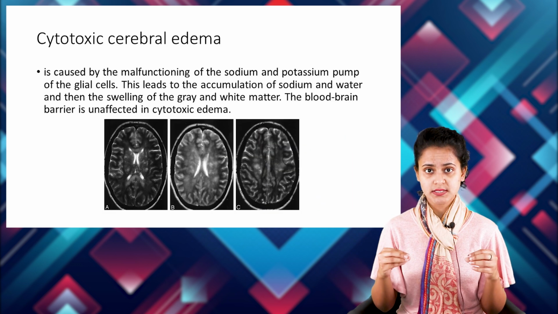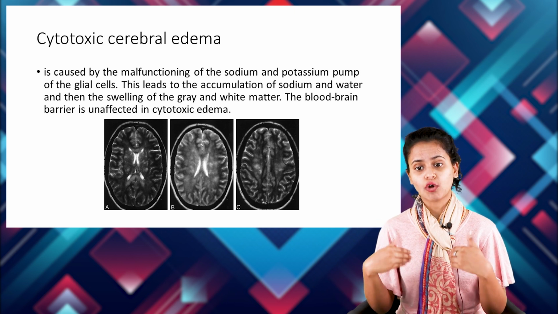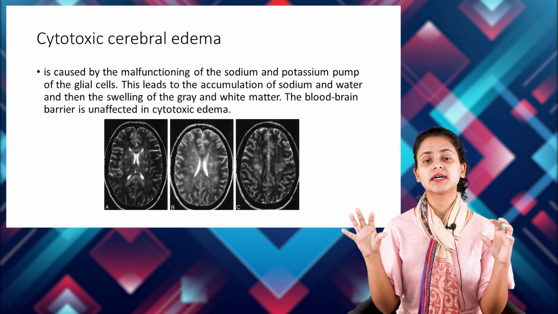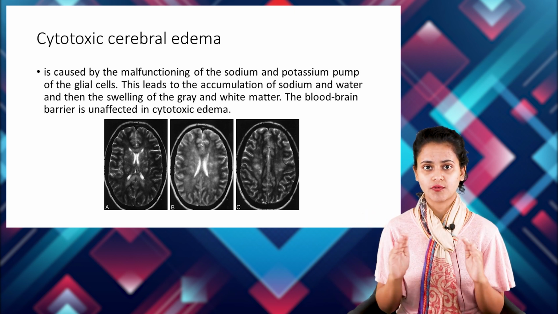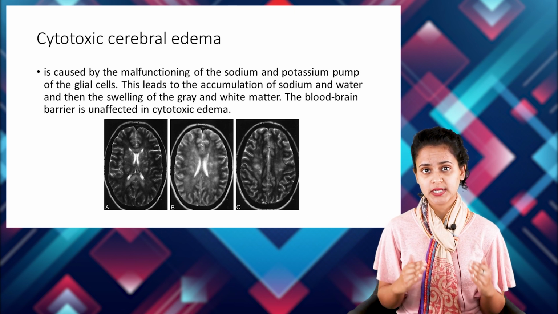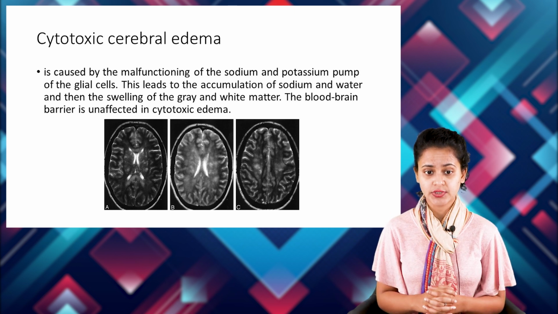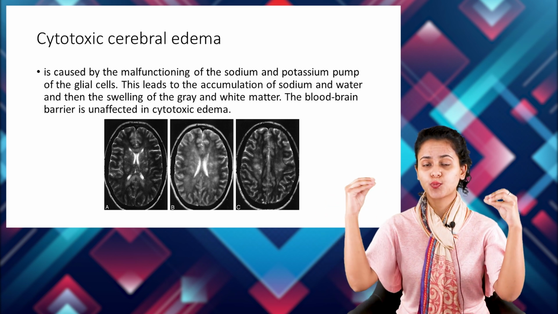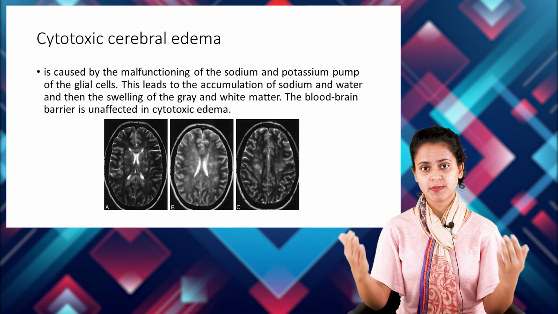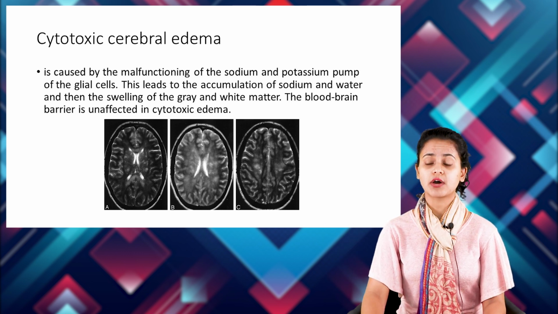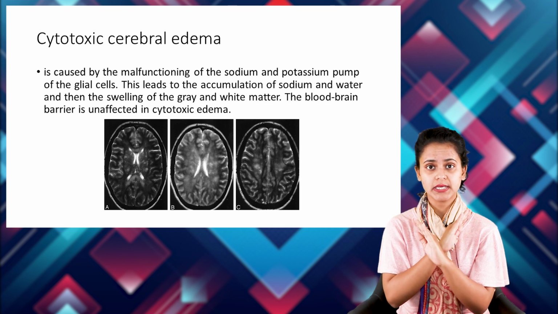Next, we are going to learn about cytotoxic cerebral edema. It is caused by the malfunctioning of the sodium and potassium pump within the glial cells of the brain. This ultimately causes retention of sodium and water intracellularly. We're going to see the swelling primarily present in both the gray matter and white matter of the brain. In case of cytotoxic edema, it is a very important point to note that the blood-brain barrier will be unaffected.